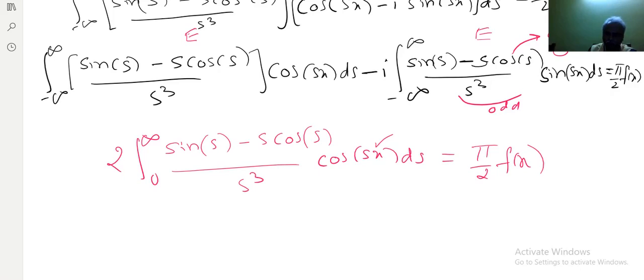I'll transfer this 2 also to this side. So when I write that 0 to infinity, and I interchange these two terms, s cos s minus sin s, a minus sign will come out. That minus sign also I will transfer here.